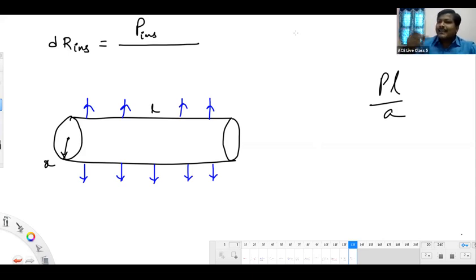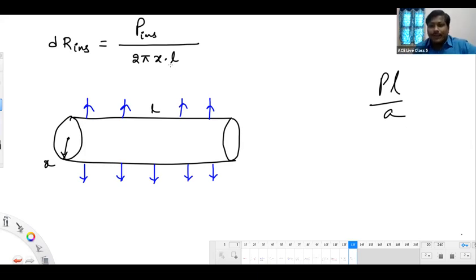From how much area is the current coming out? 2 pi x is the perimeter of the circle, multiplied with length. So the area is 2 pi x into L, the area from which the current is leaving.